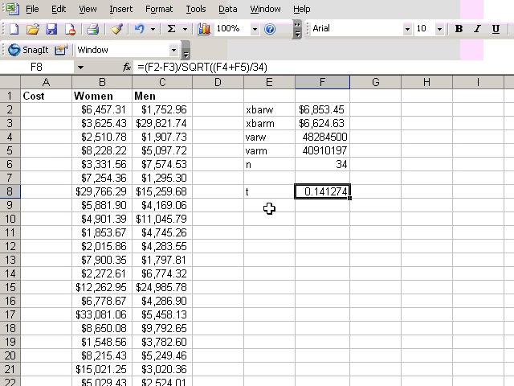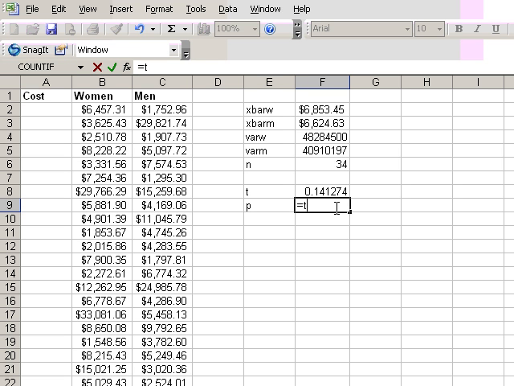What does this value of 0.14 mean? Well, earlier we've talked about t-values of 2 or greater as being required to reject the null hypothesis, but let's see what the actual probability of a t-value as large as 0.141 is, and in order to get that, we'll simply call it the probability.